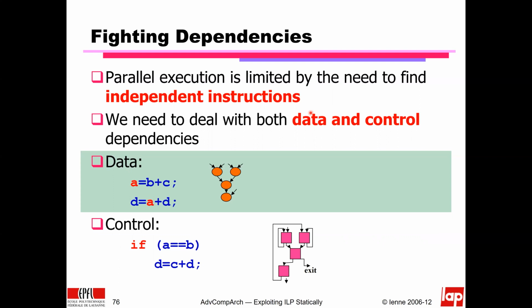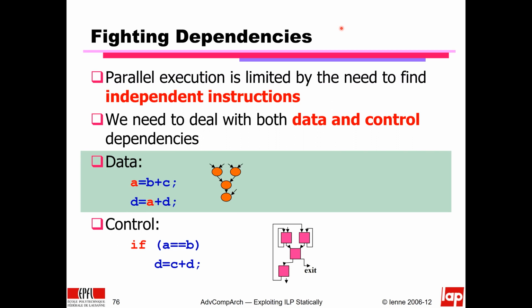And we have looked at a technique, predication, that needs some hardware support, but which helps in the case of poorly predictable branches.